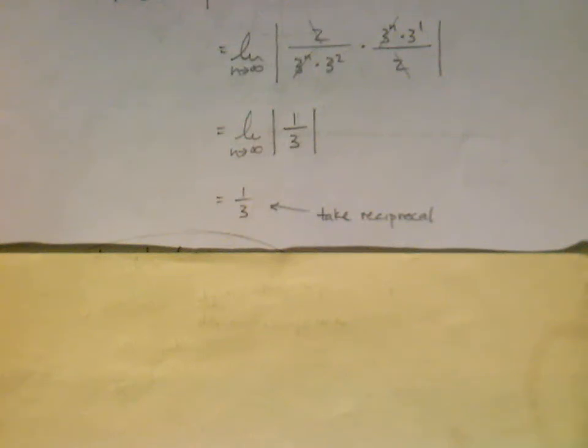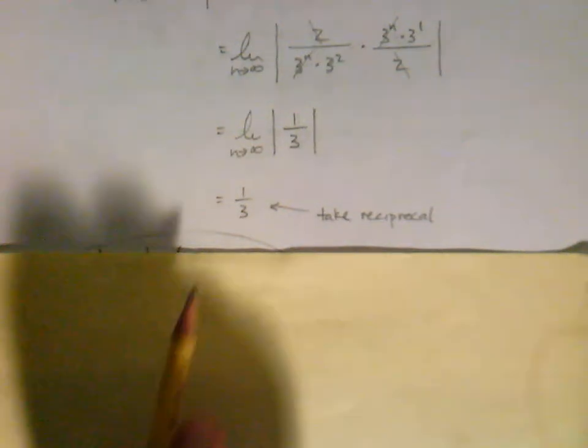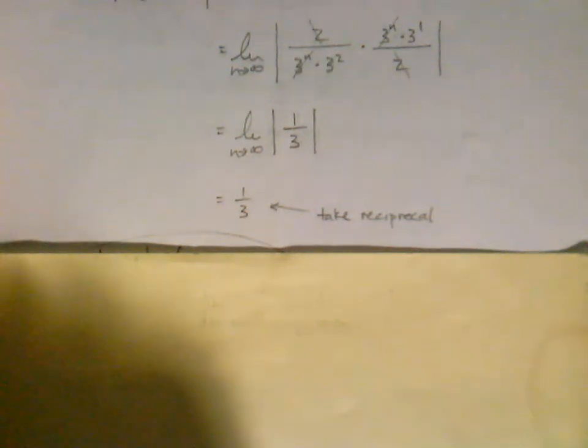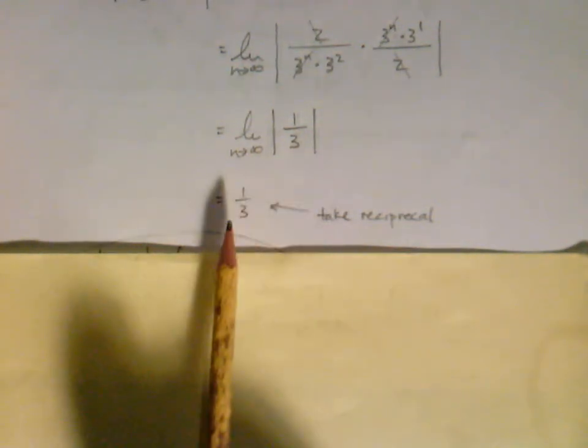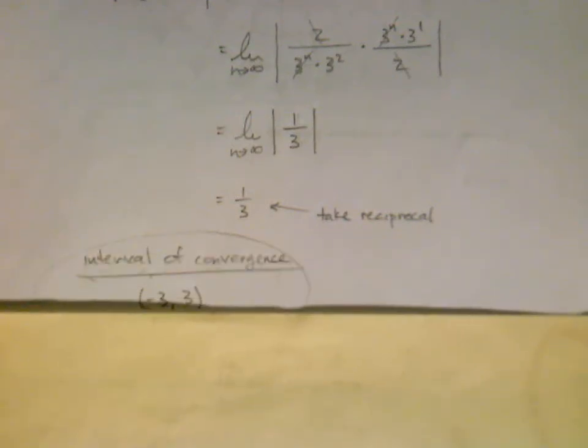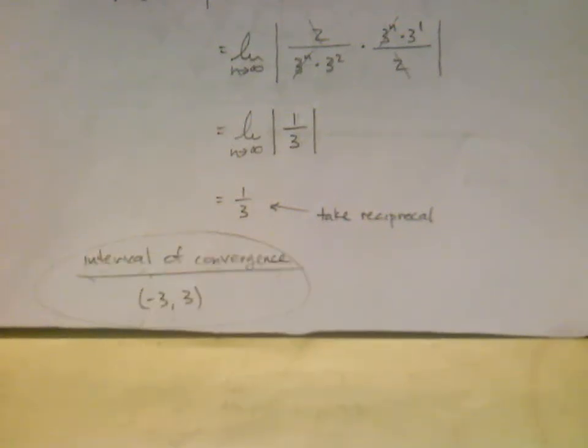Hey, we got our limit. And now we just got to think, which case are we in? Well, this is case number 1. That's a positive number, and it's finite. So in order to get the interval of convergence, we're going to take the reciprocal. It's -3 to 3. And there it is. We got it.